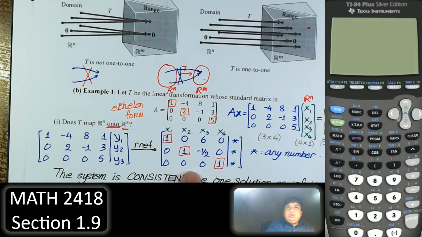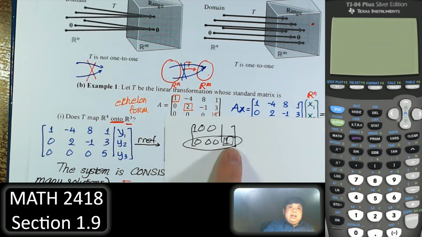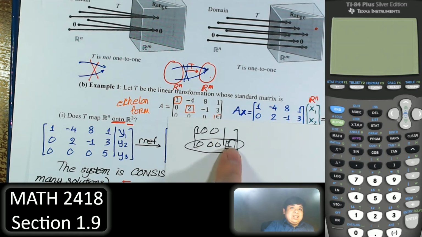When we look at this, we know for sure it has a solution, right? Because we do not have a pivot in the last column of the augmented matrix.